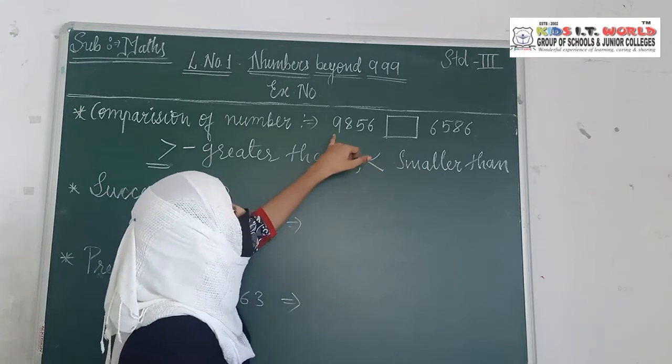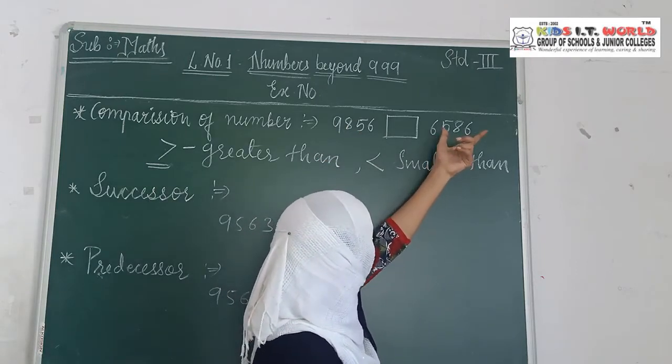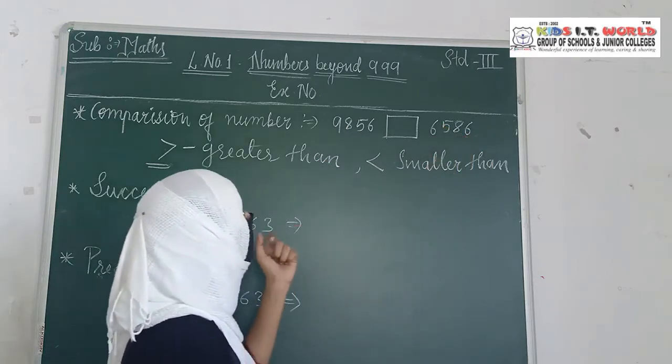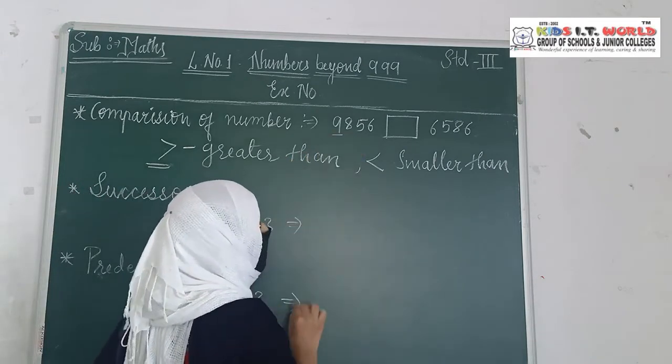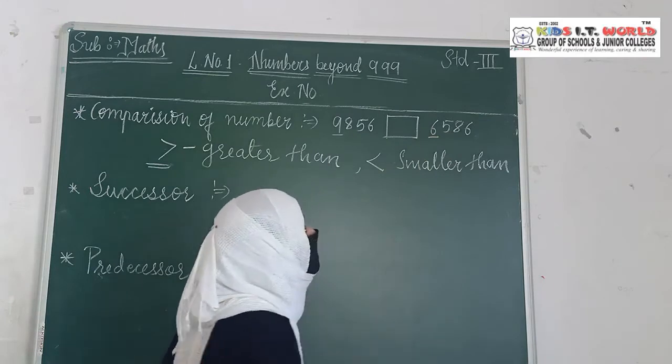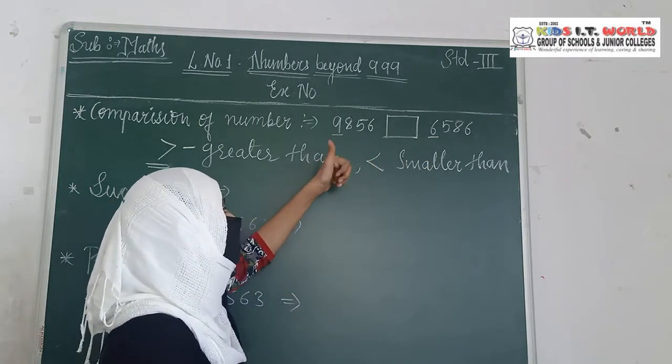Here we are taking an example. The first one is 9856 and the second is given to you, 6586. Now you have to compare the numbers. Is the first number greater than the second number or smaller than the second number? You can see on the thousands place it is 9 and on the thousands place of the other it is 6. So which is the greatest number, 6 or 9? 9.